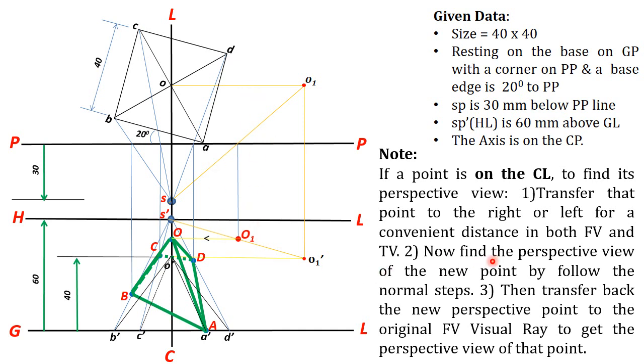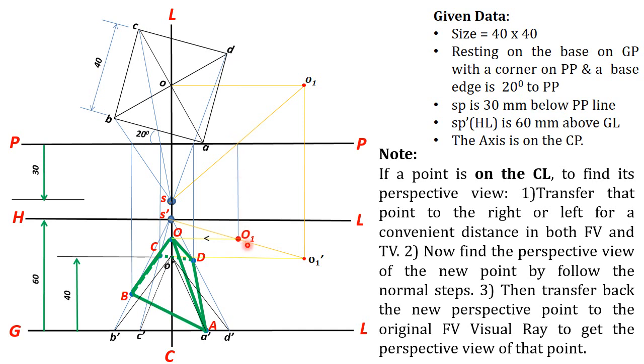Then now find the perspective view of the new point by following the normal steps. Okay, what is the normal step? Draw visual rays in front view and top view, and then draw a perpendicular projector from the intercept at PP.